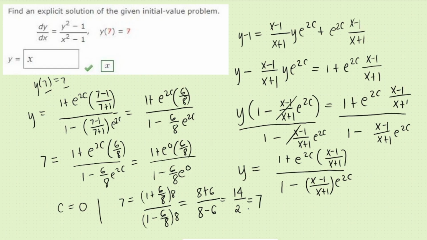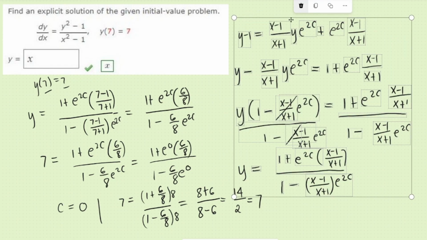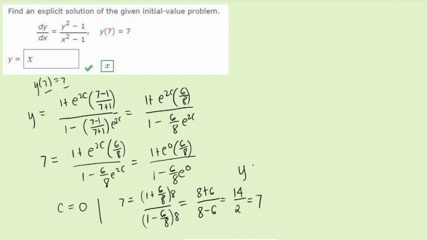So this is 7. So we notice that if x is equal to 7 and y is equal to 7, then c is equal to 0, right?